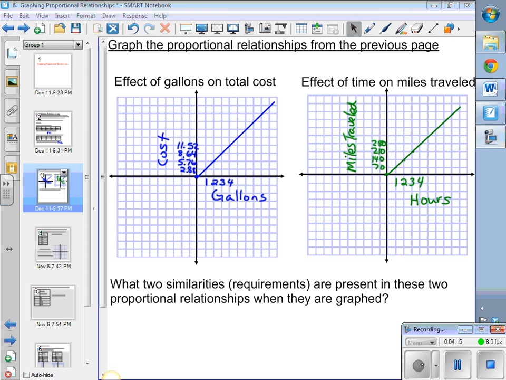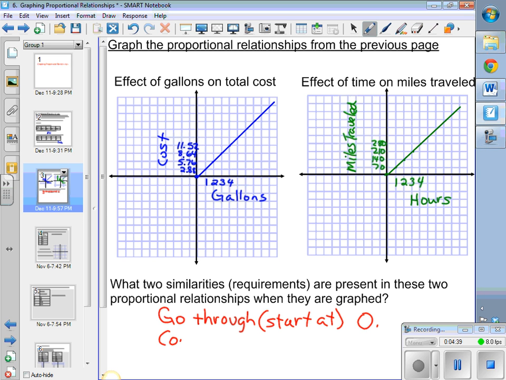But the similarities, the requirements present in these two proportional relationships when they are graphed: they go through 0. In this case, really, they start at 0, and they have a constant rate.